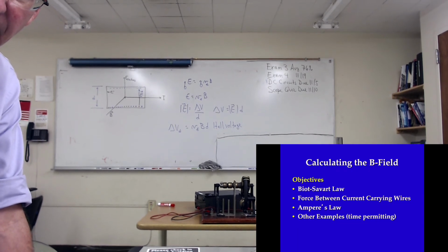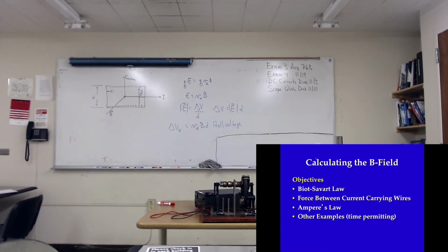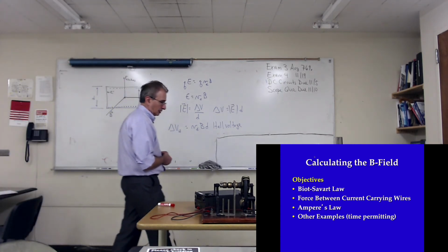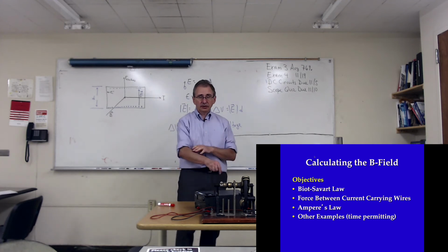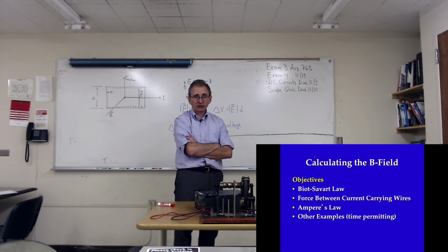So the goal of this chapter is to talk about sources of magnetic fields. Again, because of time, I'm not going to focus on magnetic materials. There is a nice discussion in your textbook. I highly encourage you to read it.